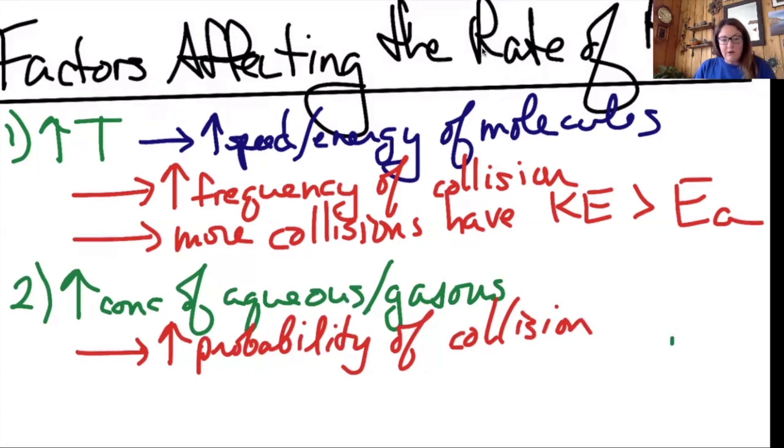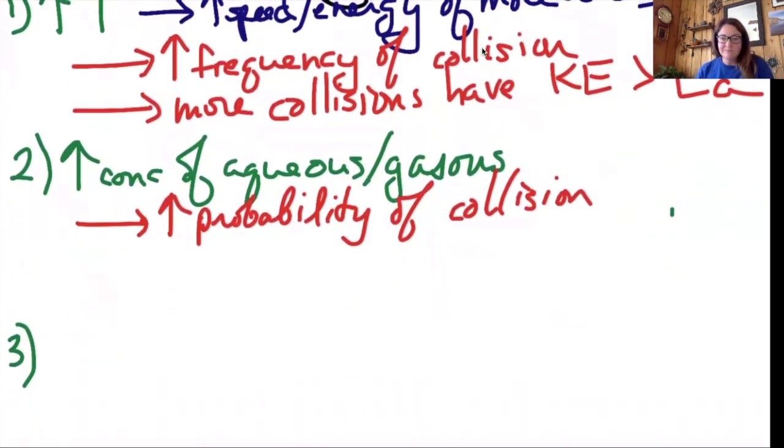Another thing we can do applies to solids only. If I have a big chunk of solid and I break it into many smaller pieces instead, the reaction will happen faster. Or if I take a chunk and grind it up into a powder.